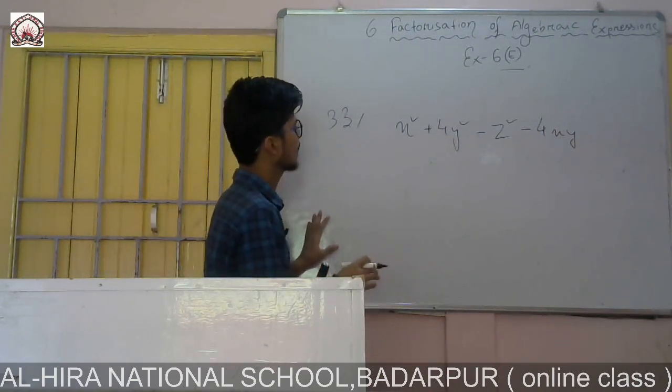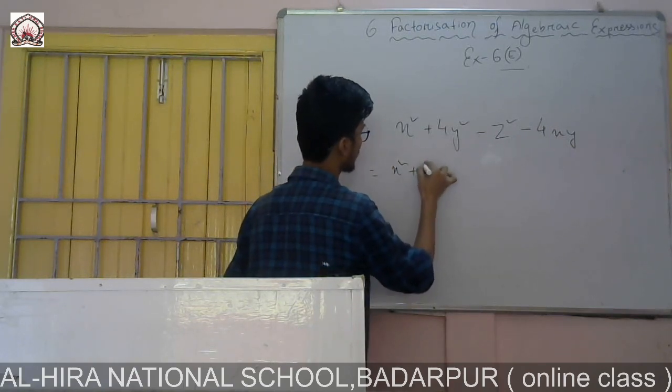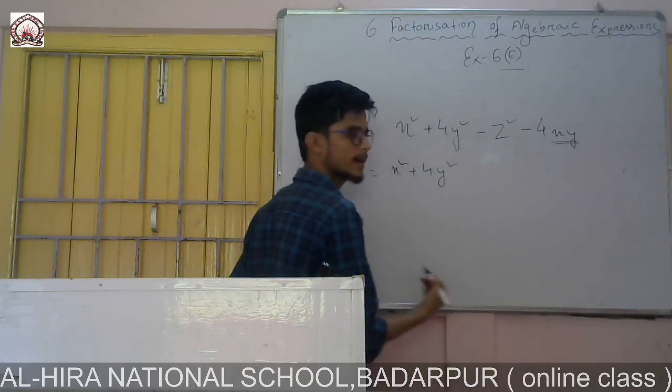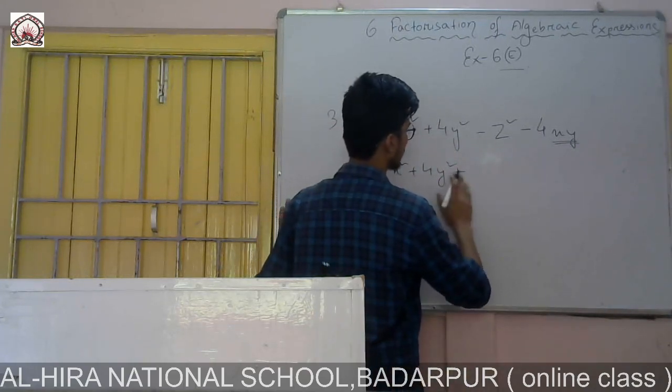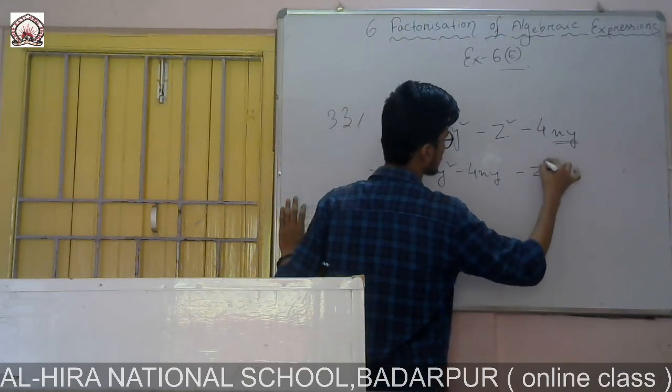So again, like the earlier one, I have to convert this one. So I can write it as x square plus 4y square minus 4xy, and at last z square.